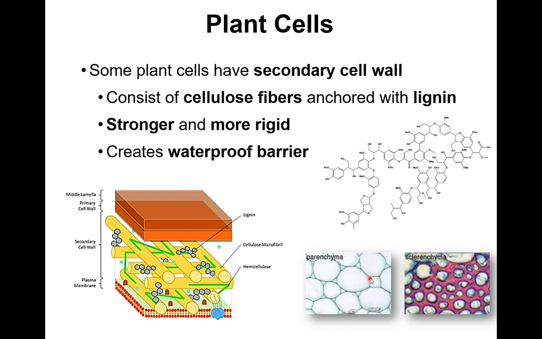Now, this is an example of two cell types that actually do belong to the same type of tissue, which is referred to as ground tissue. They're both part of the ground tissue. So these are parenchymal cells, and these are sclerenchymal cells. These cells have only a primary wall. You can see a very thin wall here, which allows them to basically take several different types of shapes.